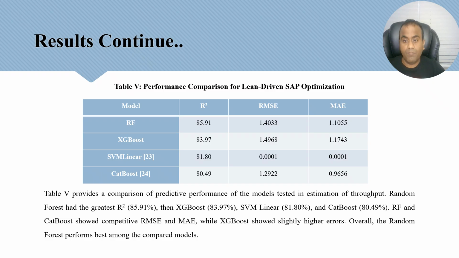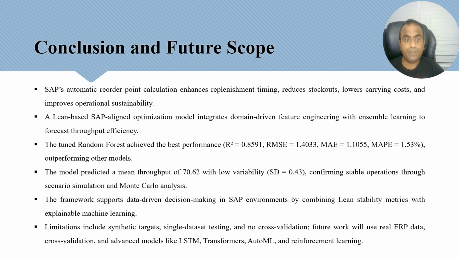In root mean square error, XGBoost has 1.49 and random forest 1.40, and for mean absolute error we have 1.10 for random forest and XGBoost has 1.17. SVM has 0.001, and CatBoost has 0.9656. So basically, random forest and XGBoost are the highest performing models in this case.